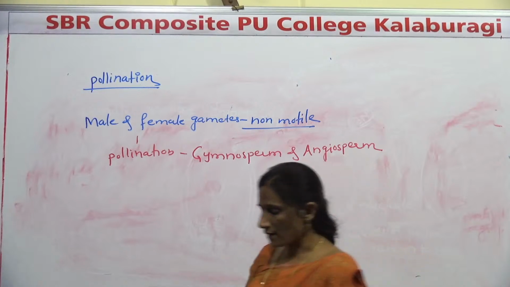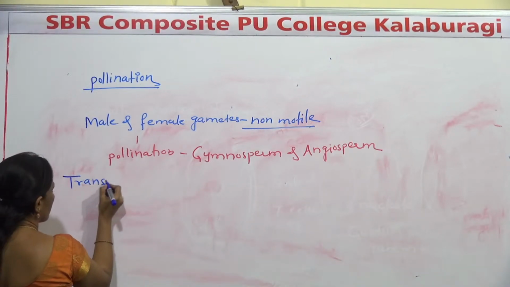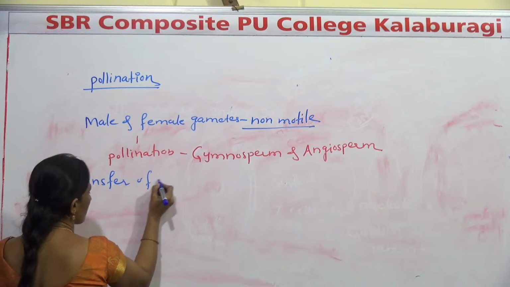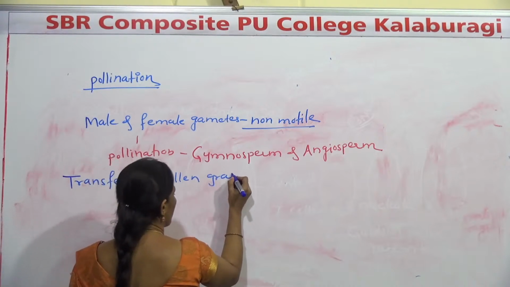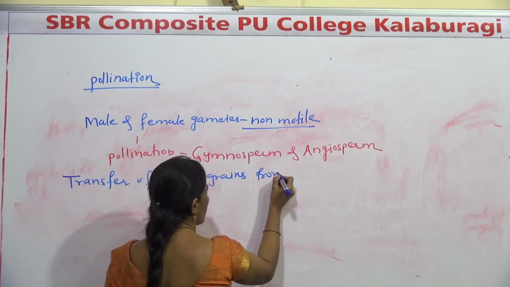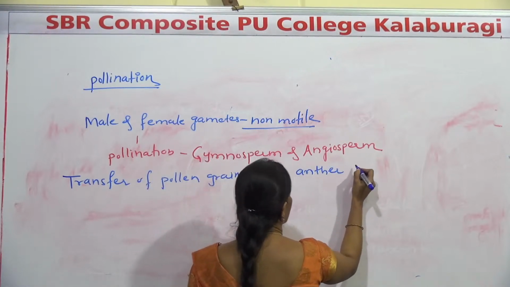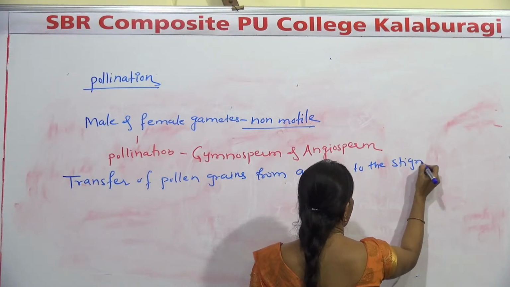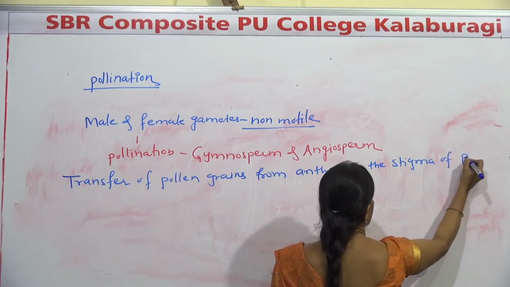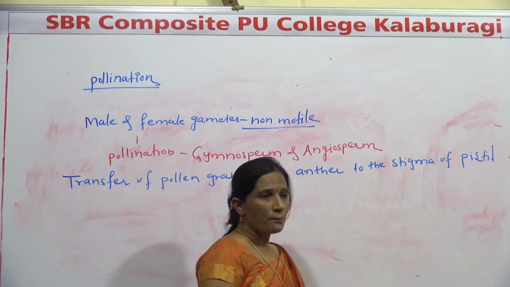Pollination means transfer of pollen grains from the anther to the stigma of the pistil.